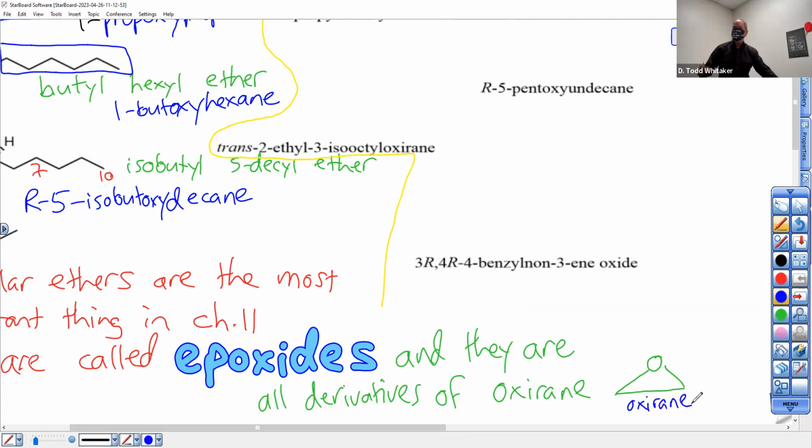That's the parent. Now, something about oxirane. It's a ring with an atom other than carbon in it. There's a name for molecules like that. It's a field, actually. What's the name for rings that have an atom other than carbon in the ring?